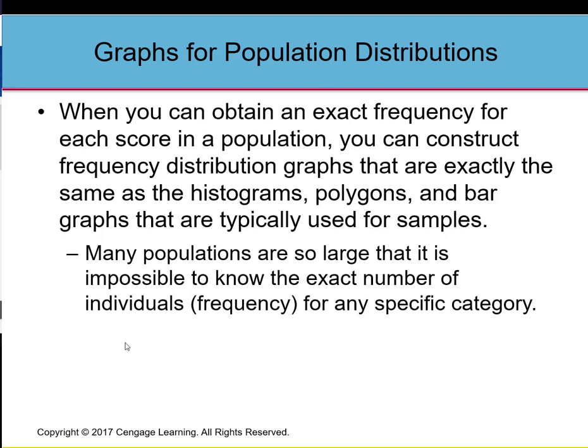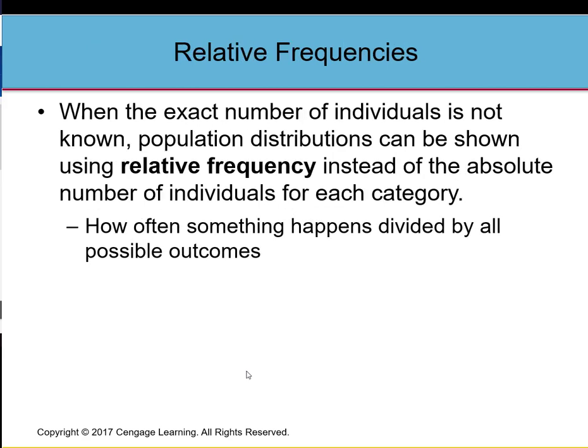Okay, so graphs for population distributions. When you can obtain an exact frequency for each score in a population, you can construct a frequency distribution, but sometimes the population, like the United States, is too big. We can barely get a census figured out for the whole country, so we just base it on relative frequencies. When the exact number of individuals is not known, population distributions can be shown using relative frequency, which is how often something happens divided by all possible outcomes.